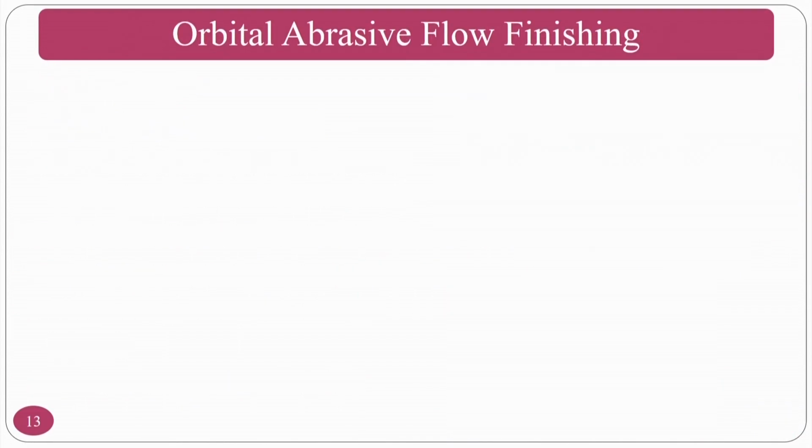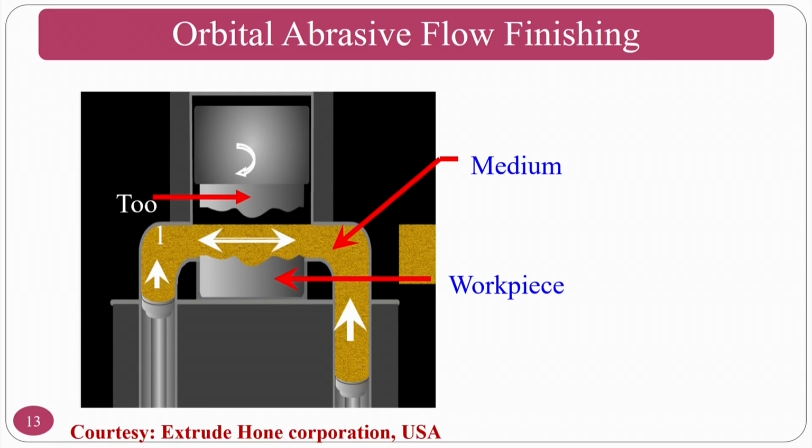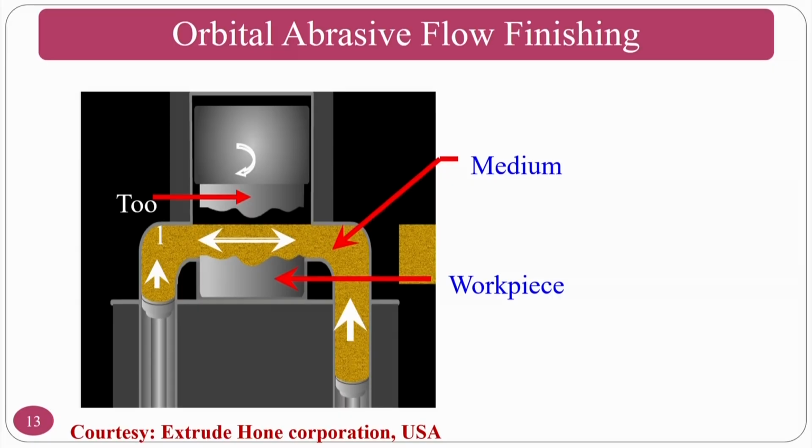The third variety of abrasive flow finishing process is the orbital abrasive flow finishing process. The orbital abrasive flow finishing process is normally used for blind-hole types of workpieces. For example, what you are going to see here is the medium, this is the workpiece and this is the tool.